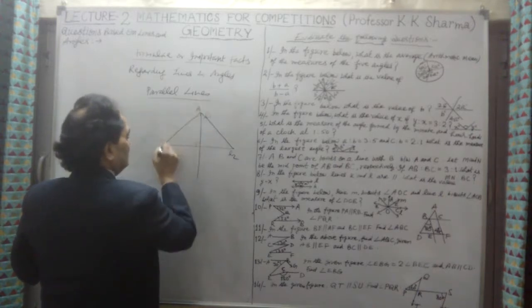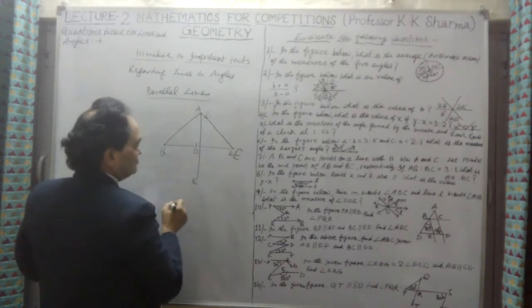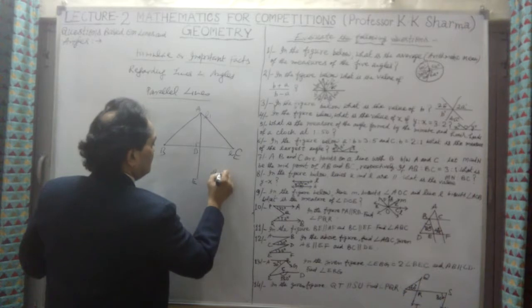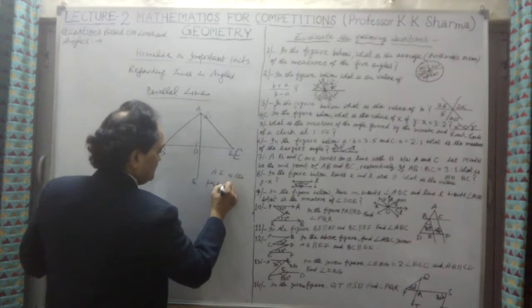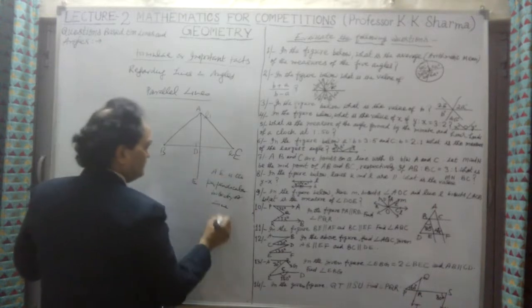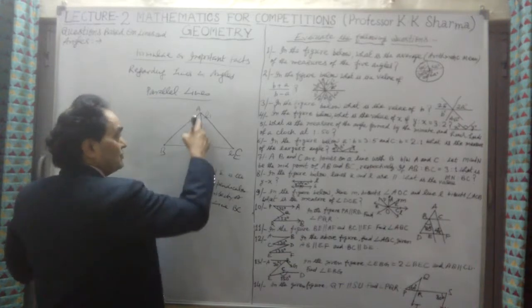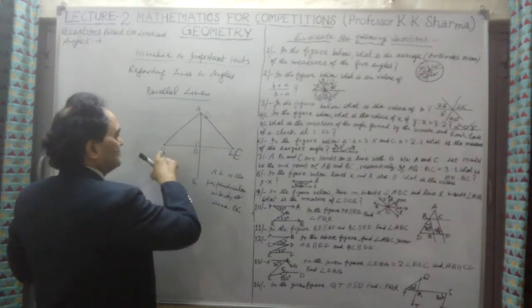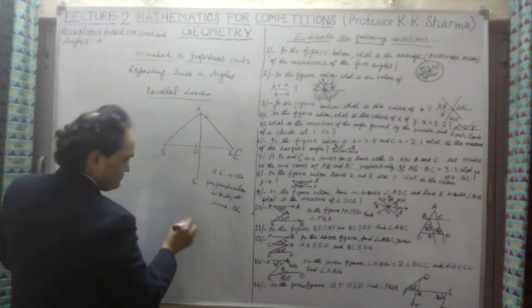Let me take A, B, C, and this is point D, this is point E here. AE is the perpendicular bisector of line BC, or L2. Then take BC here. Every point lying on this perpendicular bisector will be equidistant from AB and AC.